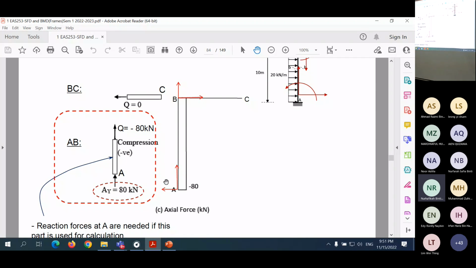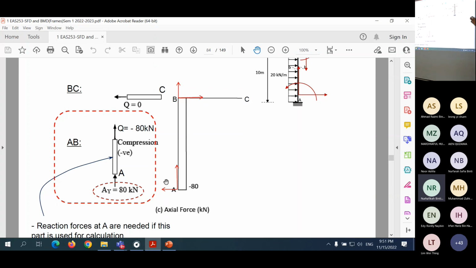Now here is to show you, if we calculate the reaction force here, this is very easy to calculate. If you know the reaction force here, then we can use this free body diagram to calculate the axial force for this member. Just now we used this part. We can also use the other part, which is easier, and you get the same answer.